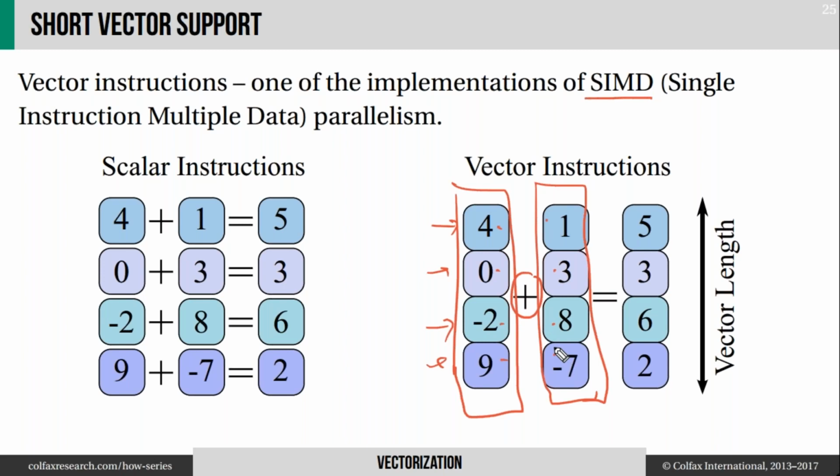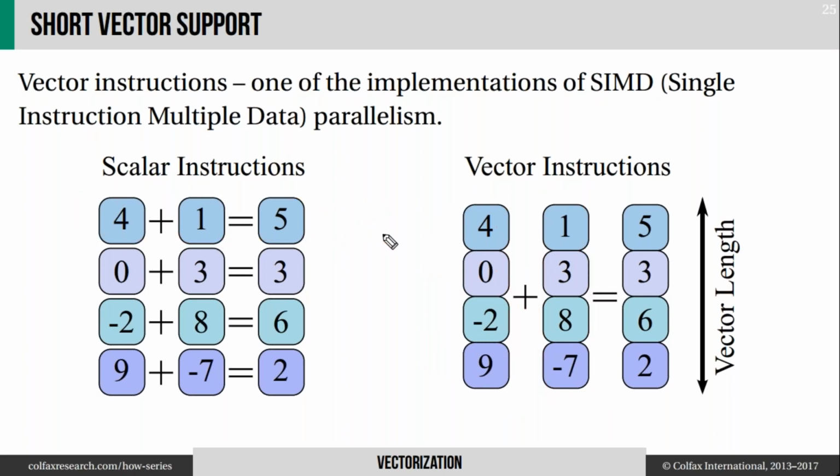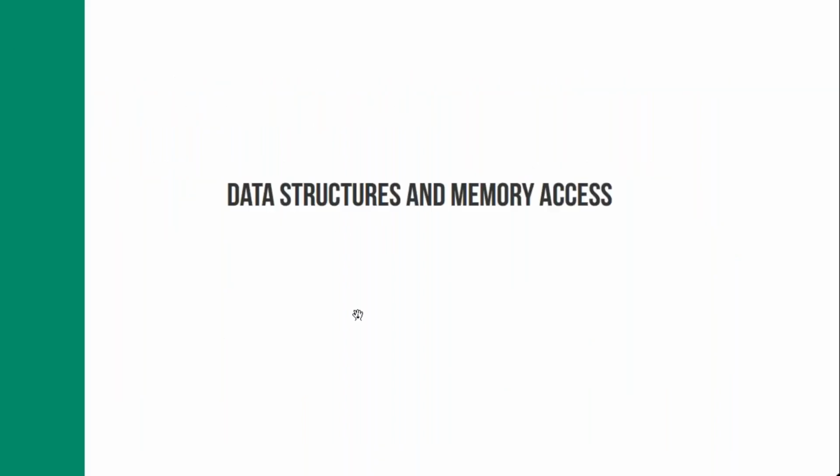The idea is that hardware for this math is replicated inside the chip. So the latency and the throughput of these vector instructions will be the same as the latency and throughput of just a single instruction. And potentially, vectorization can speed up your calculation by a factor equal to the length of the vector.